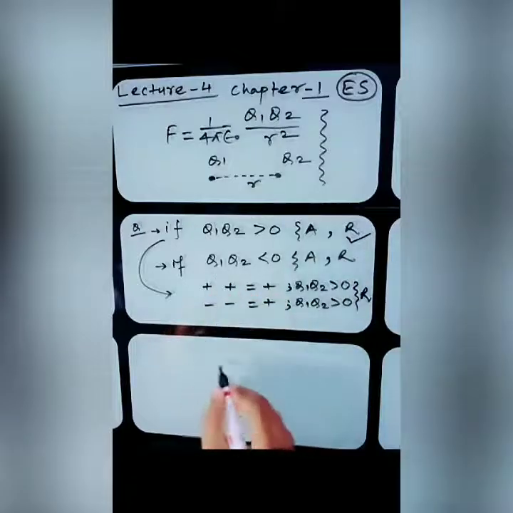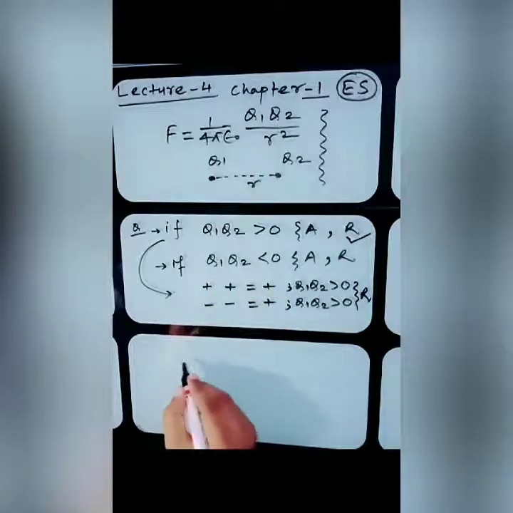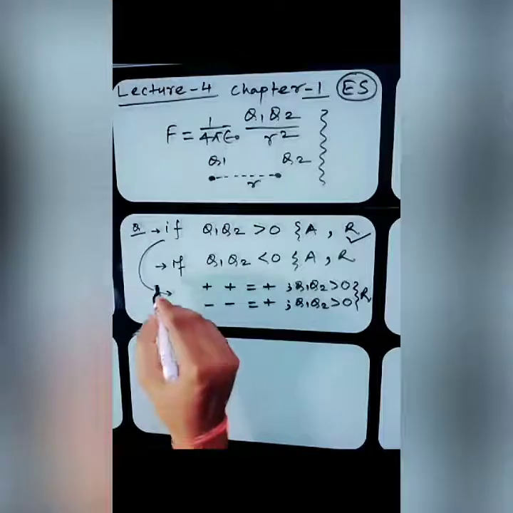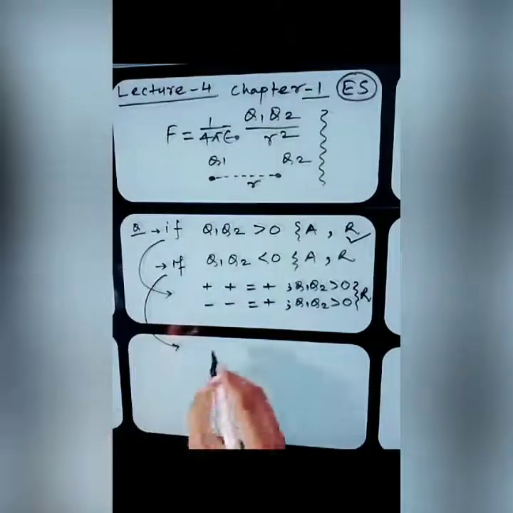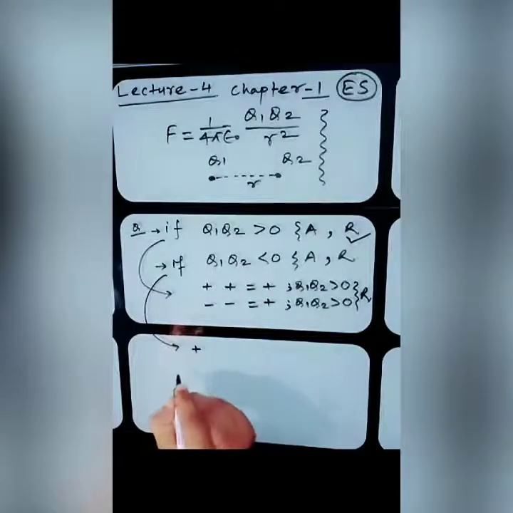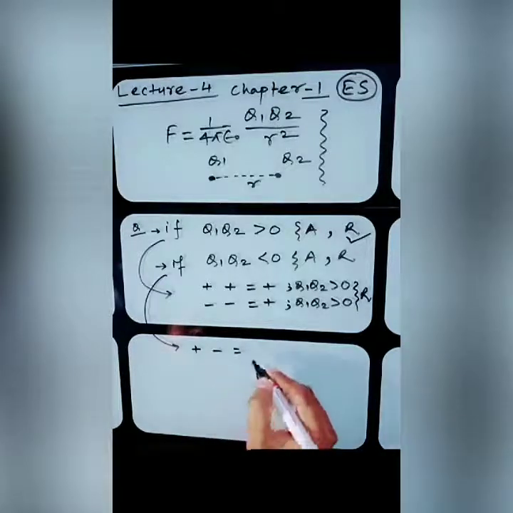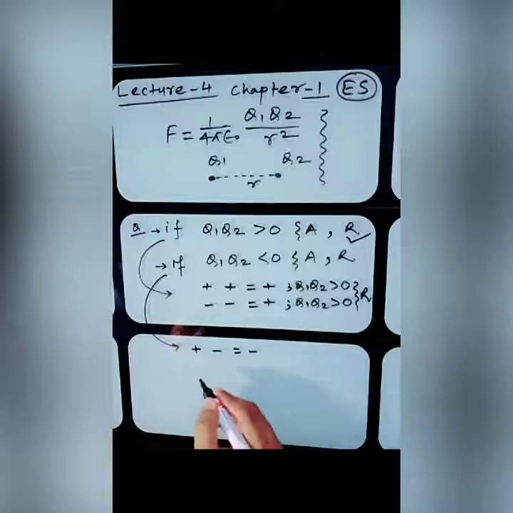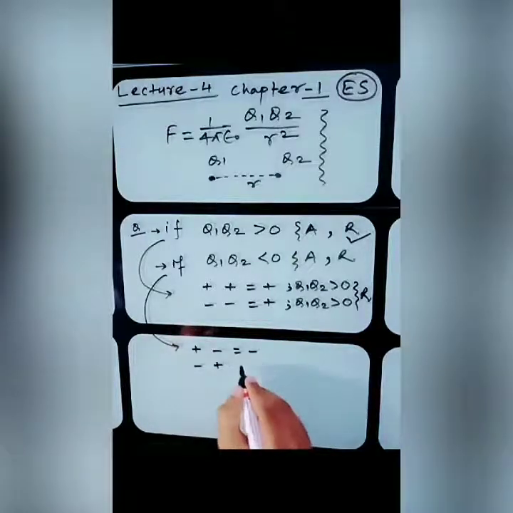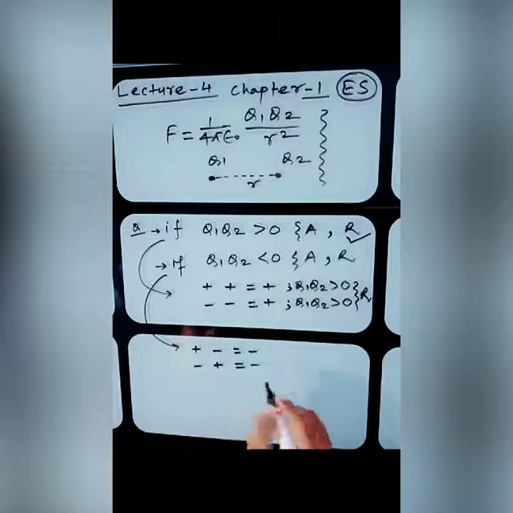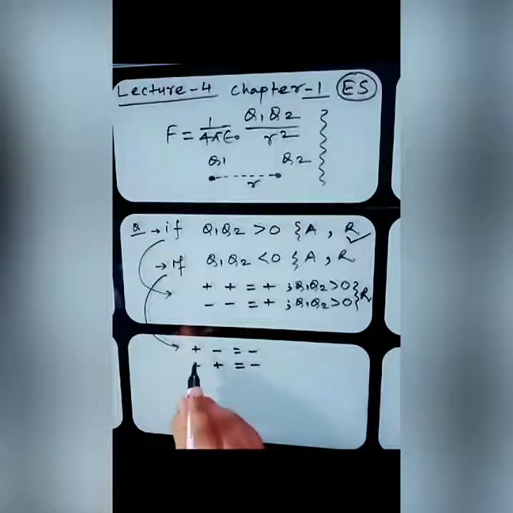Now the second one. If Q1 is positive and Q2 is negative, then only can we have the product as negative, or Q1 is negative and Q2 is positive. In both cases, you can see the charges are unlike charges.